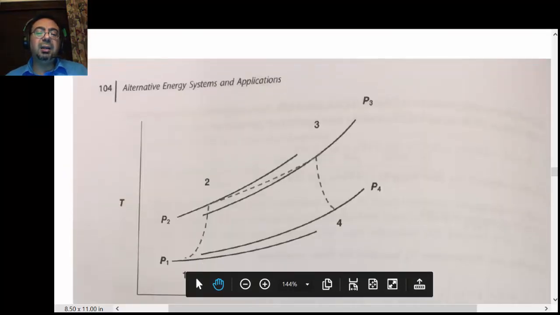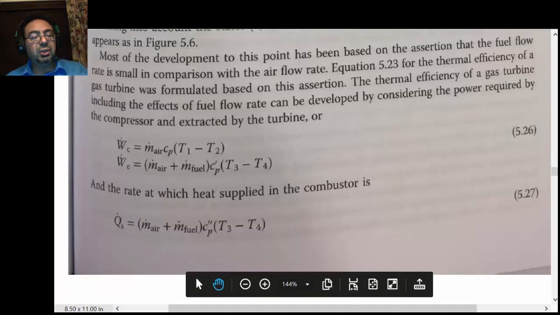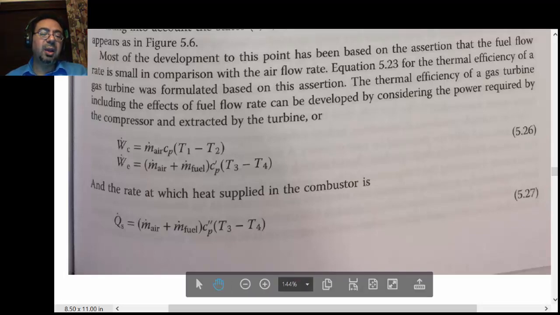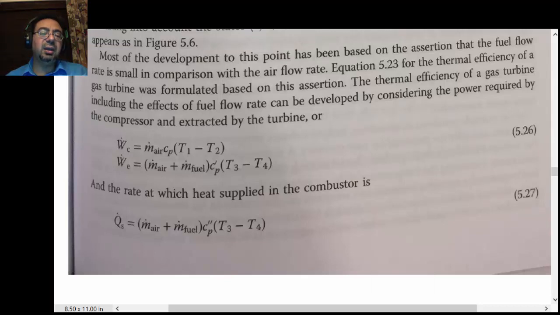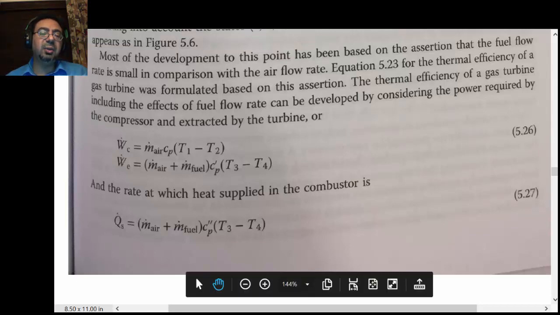And the same thing for the combustion chamber. The flow leaving the combustion chamber is a little bit bigger than the flow entering, right? So he's trying to improve a little bit, but this is also not that accurate, because the flow coming in is m dot air multiplied by Cp T3, and the flow leaving is m dot air plus m dot fuel times T4, right?